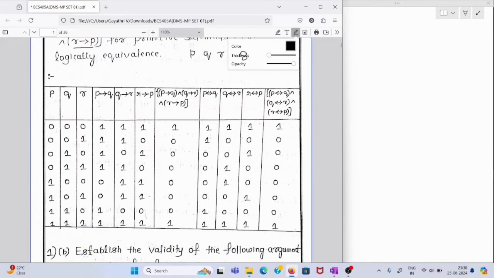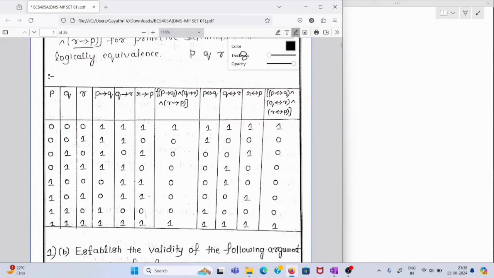Look at the table here. For the first proposition P, we have defined the eight truth values as 4 zeros followed by 4 ones. For the second proposition Q, 2 zeros, 2 ones, and repeated. And for the third proposition R, 0, 1 alternatingly.